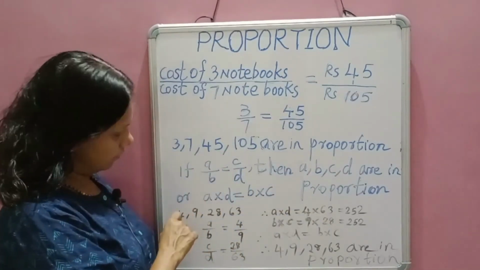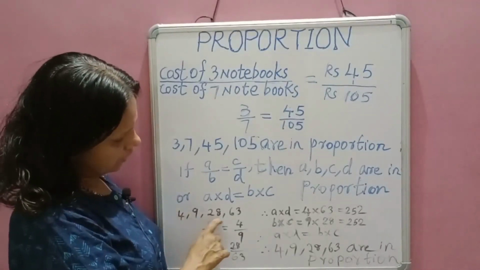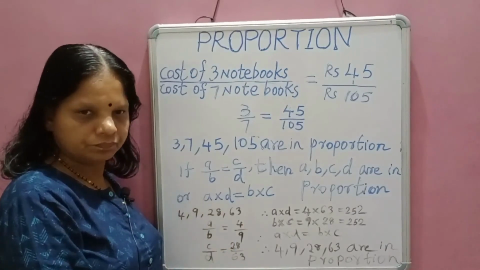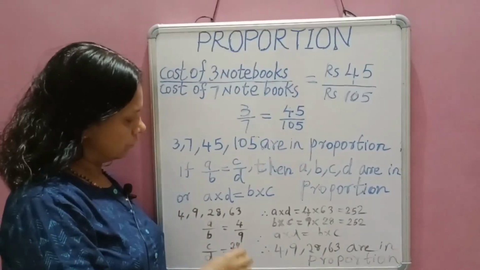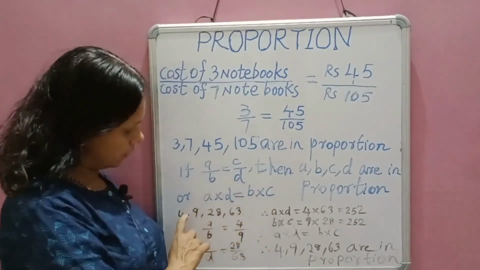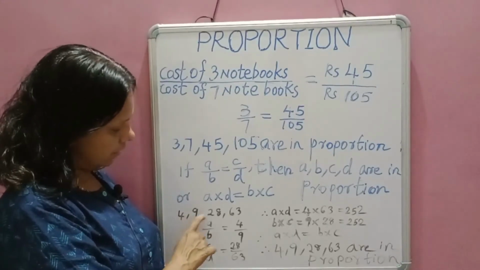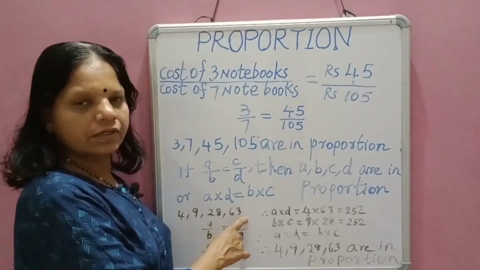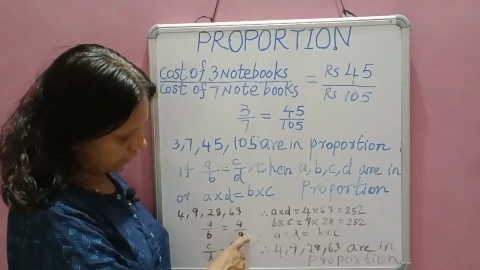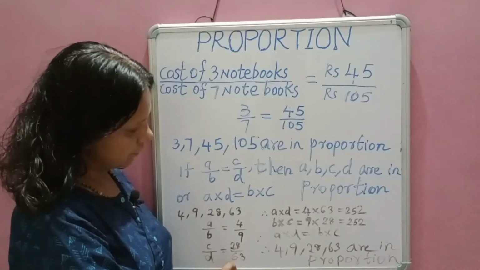See this example, you have to check whether 4, 9, 28, 63 are in proportion or not. What do you have to do? Cross product. First cross product and second cross product. First write in the form of A upon B. A is 4, B is 9, C is 28, D is 63. So A upon B is 4 upon 9. C upon D is 28 upon 63.